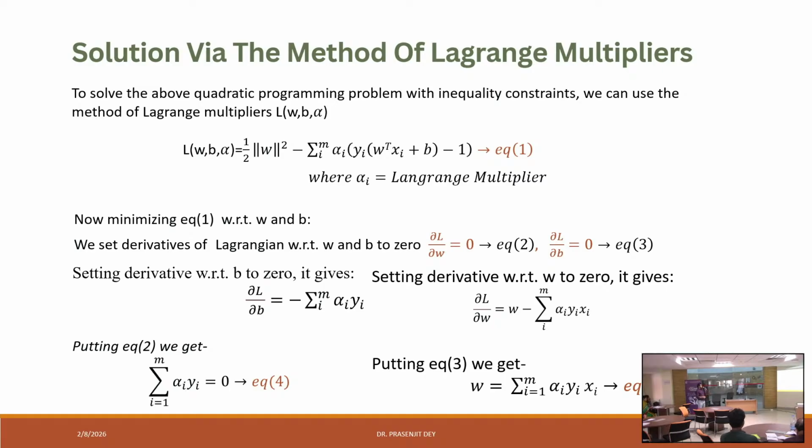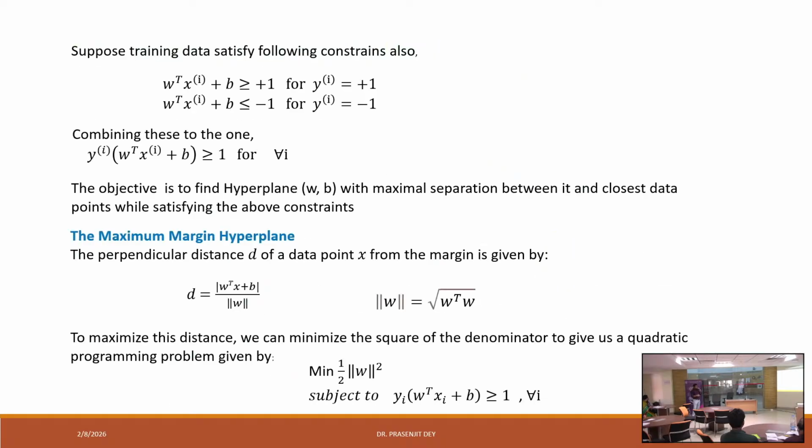This was the minimization problem, half of w square, minus the sum over i equal to 1 to m, assuming there are m data points, of alpha i. If I go back to the previous slide, I can take this one to this side, so it will become minus 1, and it will be greater than or equal to 0. So I put that.